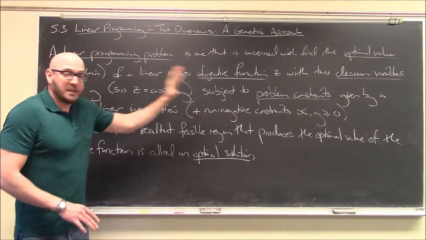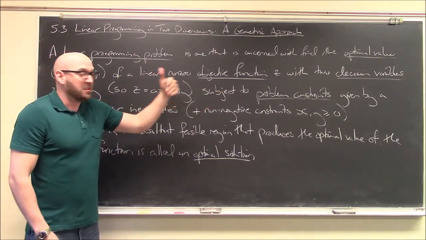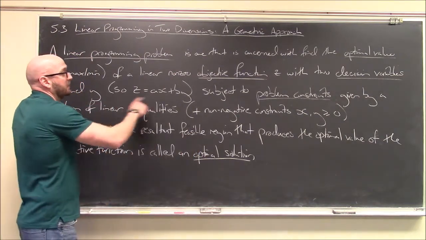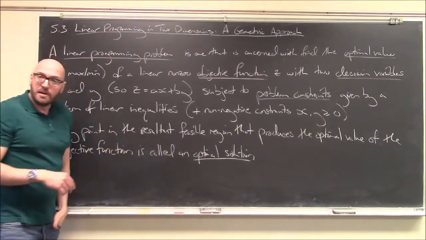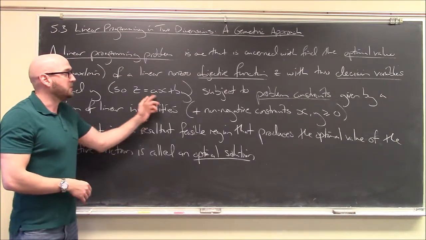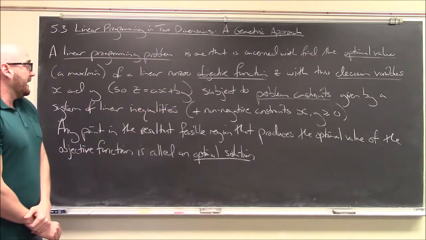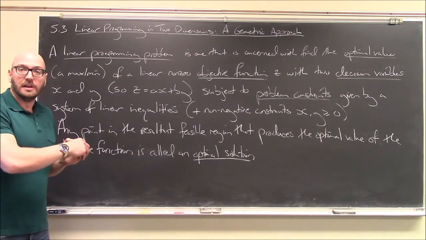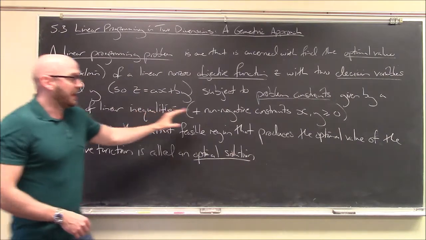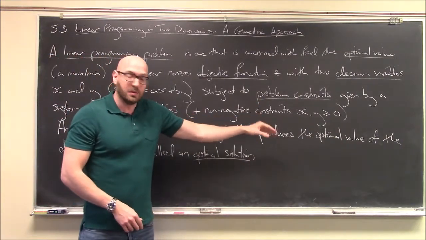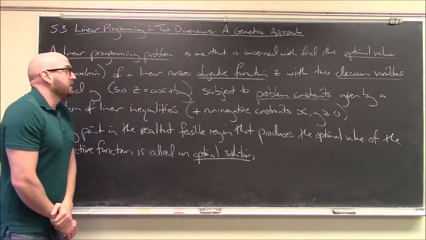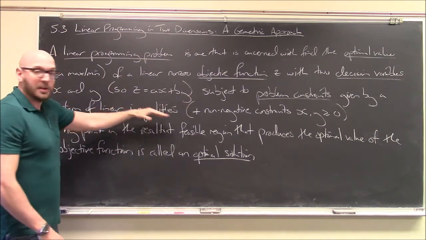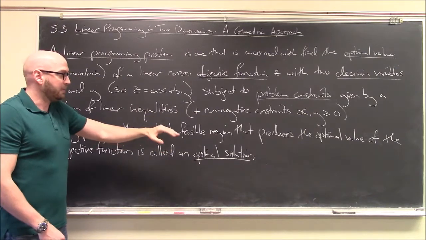So generally, just to recap, there's a bunch of terminology, decision variables, objective functions, and so on. But what we're given is a function like this, z equals ax plus by. There's our objective function. It's a linear function of 2 variables. And we're given a whole bunch of problem constraints, and this consists of a system of linear inequalities that has to have the non-negative constraints, x is bigger than or equal to 0, y is bigger than or equal to 0. We're given a system of linear inequalities that gives us a feasible region.